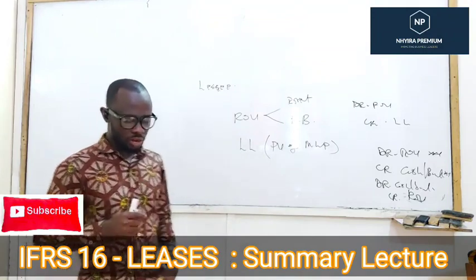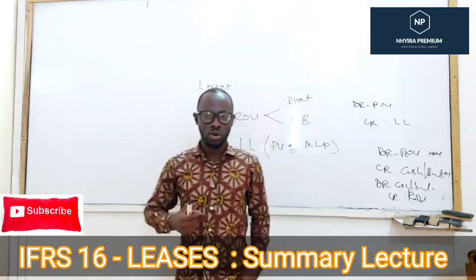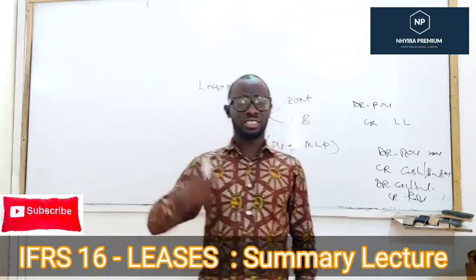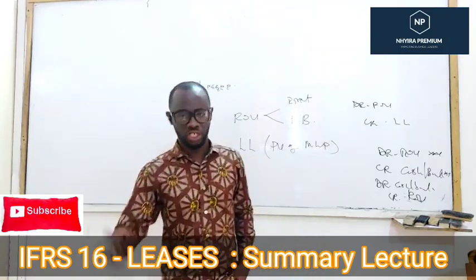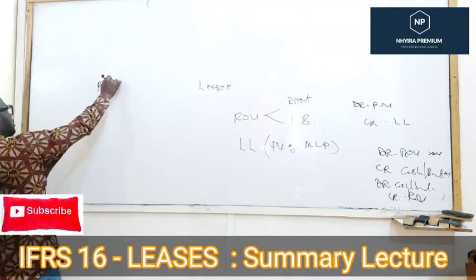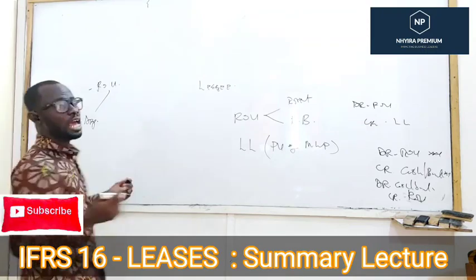So that is the initial recognition. After the initial recognition, what do we do? Subsequent measurement. On subsequent measurement, IFRS 16 states that the right of use of the assets would have to be depreciated on a straight line basis.